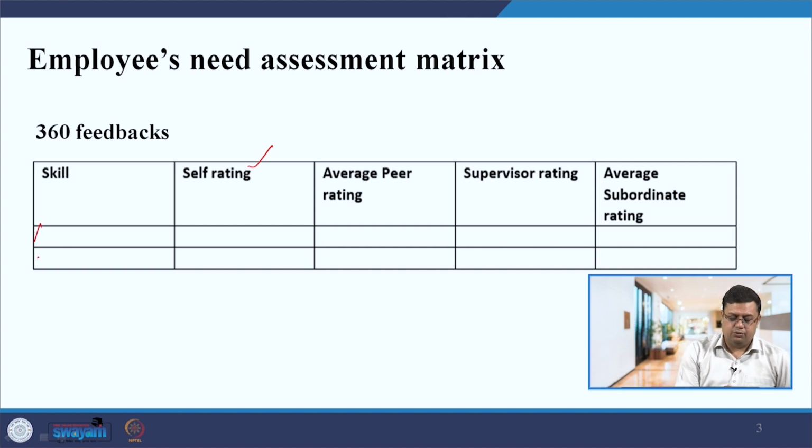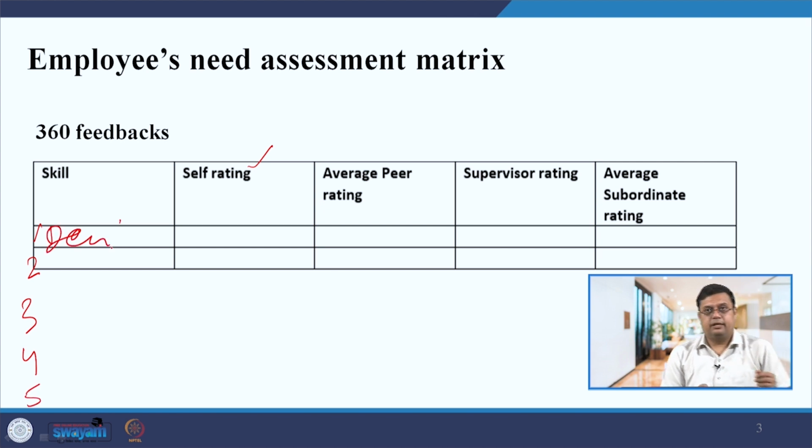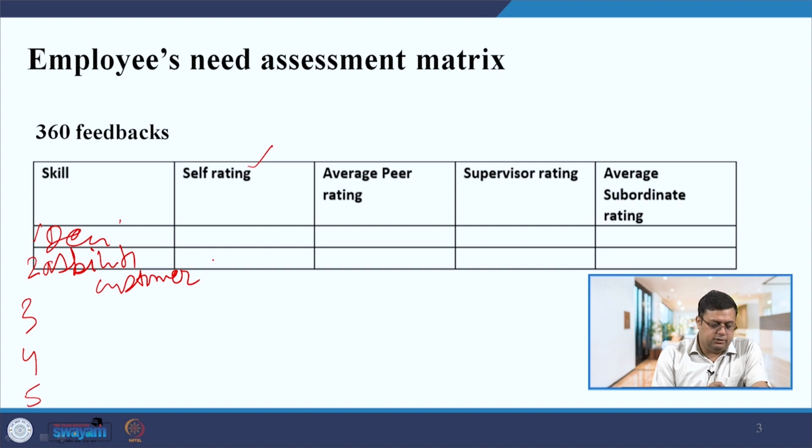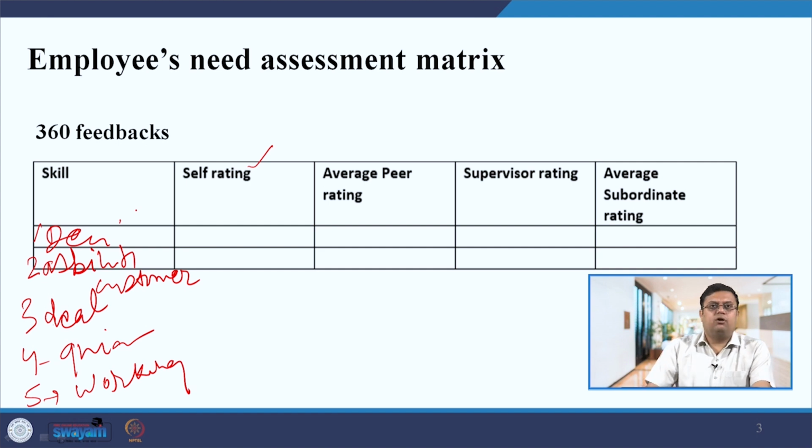Here you can write the skills: decision making, ability to handle the customer, dealing with peers, guiding the subordinate, working with the supervisor. You make a list of all those skills, and then you ask the person to give a self rating.